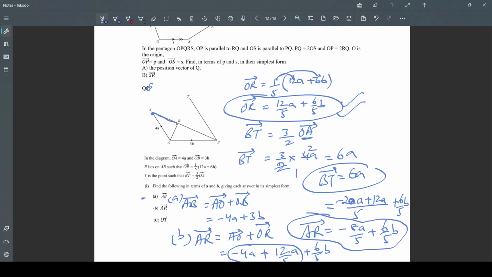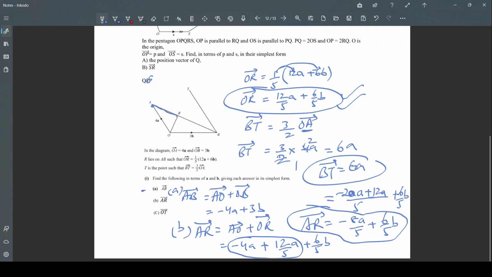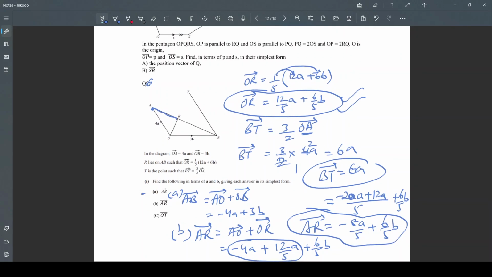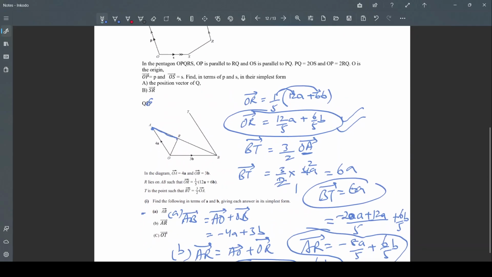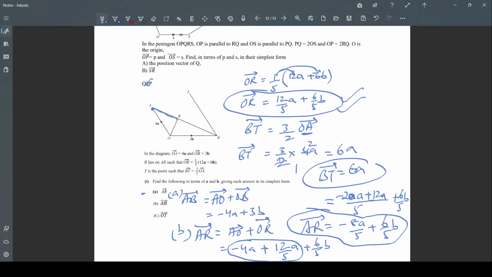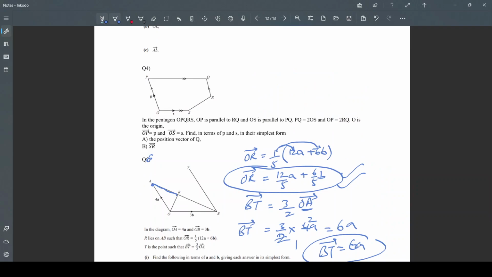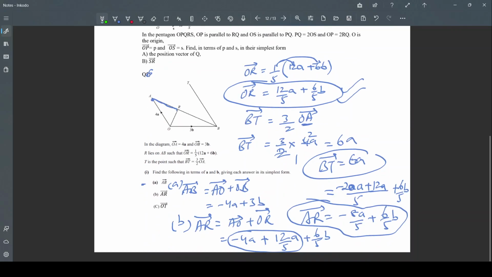This should be the final answer because we are not left with any further simplification. So this is the AR vector. The last one is the OT vector. I have to make some space, so let me erase and do it here, over the top, in a different color, green.